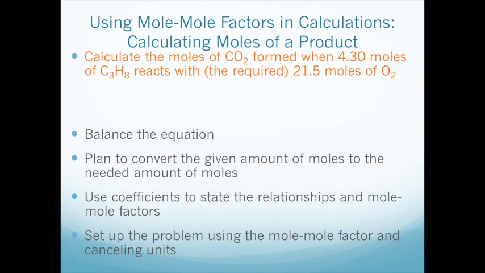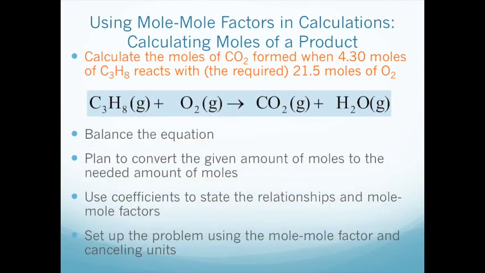Then we'll use coefficients to state the relationships and mole-to-mole factors, and then we'll set up the problem using the mole-to-mole factors and cancel our units to get the final answer. First, C3H8 reacts with oxygen to produce CO2 and H2O. The factors in this case: we need 5 oxygen molecules to react with one propane molecule to yield 3 carbon dioxide molecules and 4 water molecules.